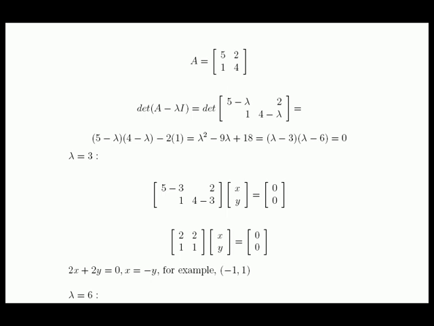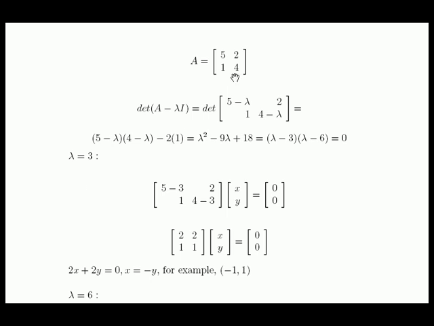The origin will always be an equilibrium point for the systems that we're looking at in this chapter, y prime equals Ay, where A is a matrix. And usually it'll be the only one unless the matrix is singular, which it won't be in these 3 examples. So in these 3 examples, the only equilibrium point is 0, 0, but we want to see what happens near the equilibrium point. Does it suck them in, blow them out, or what?